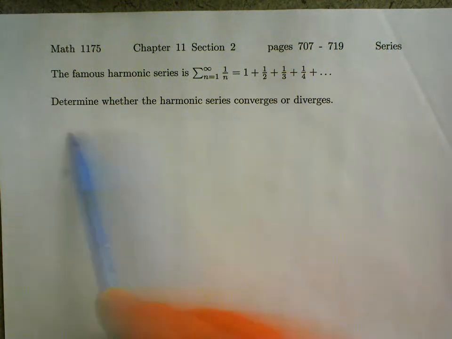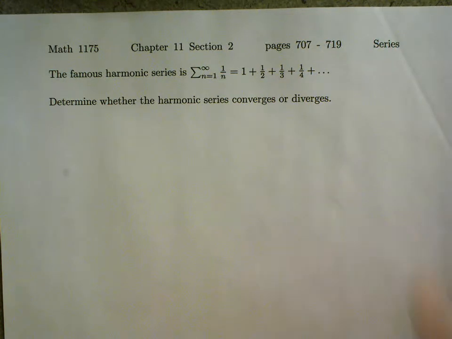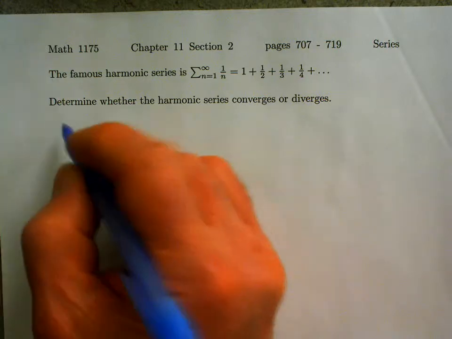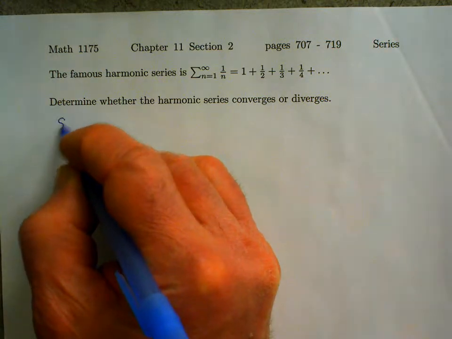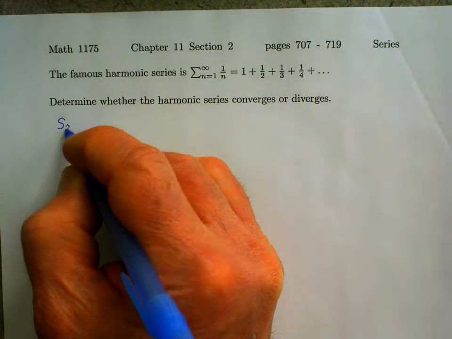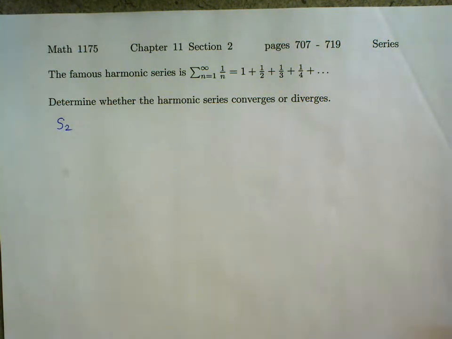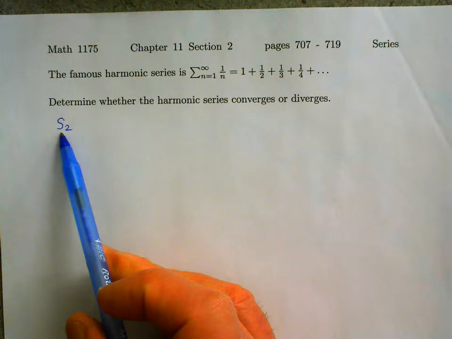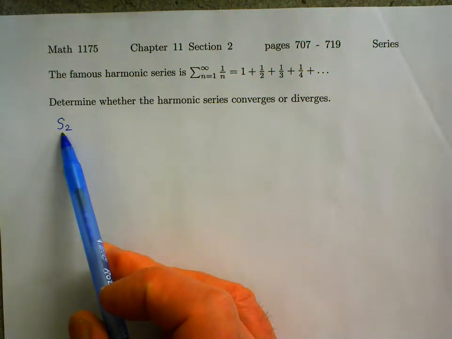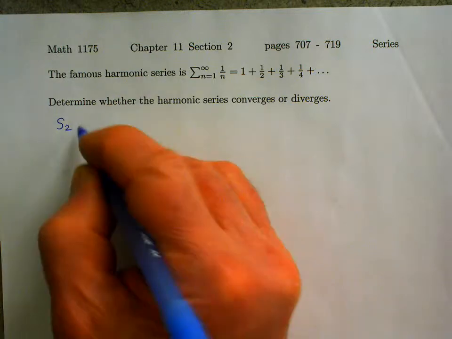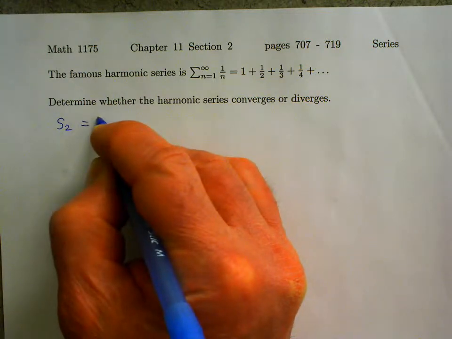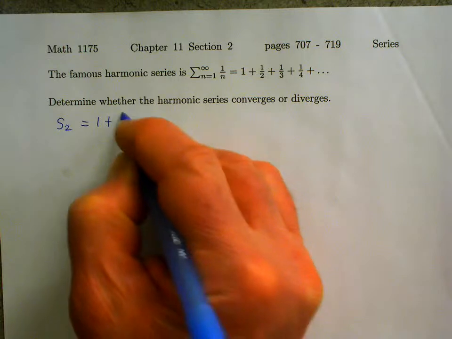So we'll do a little computation here. I'm going to pick certain terms from the sequence of partial sums. So S sub 2 is the sum of the first two terms, 1 plus 1/2.